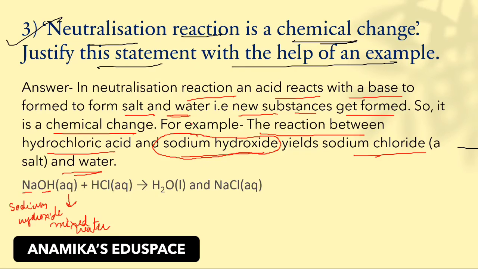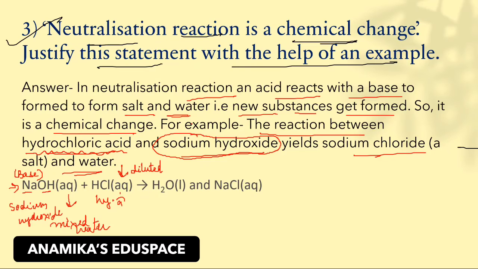Next, HCl. HCl is also mixed with water. It is not concentrated but diluted, so it is aqueous. It is hydrochloric acid, the full form of HCl, and it is the acid. Acid mixes with base. NaOH was the base.